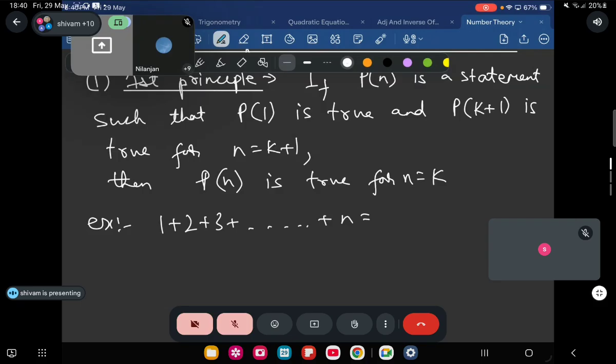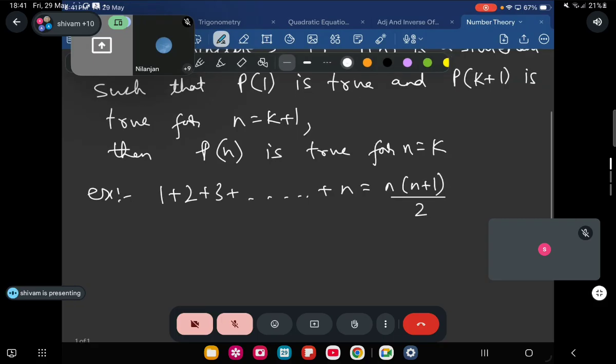What is the sum of the first n natural numbers? Tell me, everyone. Yes, Aviraj. N into n plus 1 by 2. Right. So we can prove this series using mathematical induction. Similarly, the sum of squares, the sum of cubes, we can prove using mathematical induction.